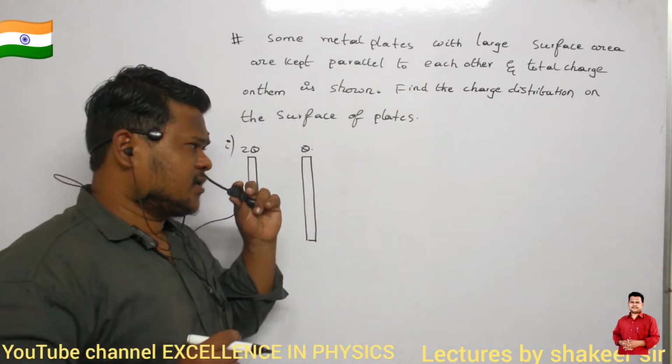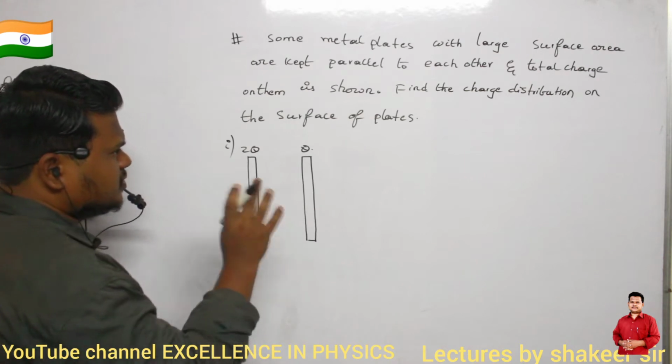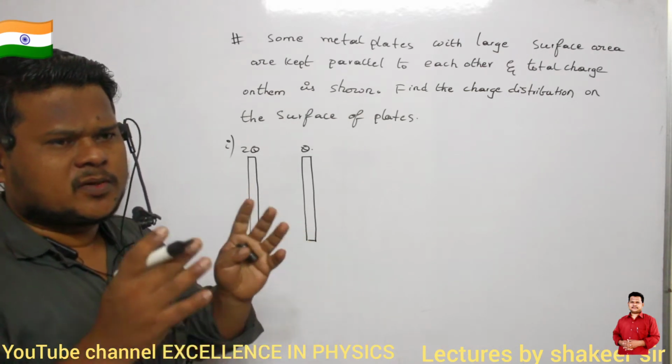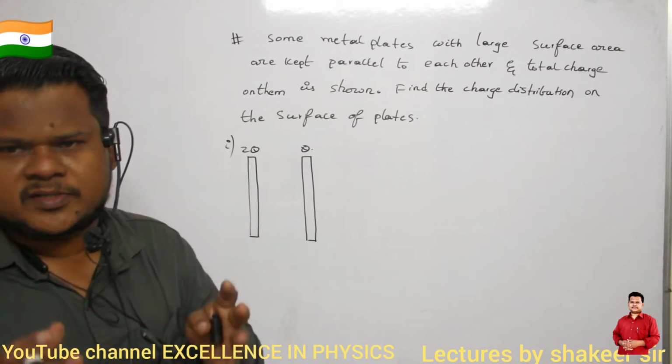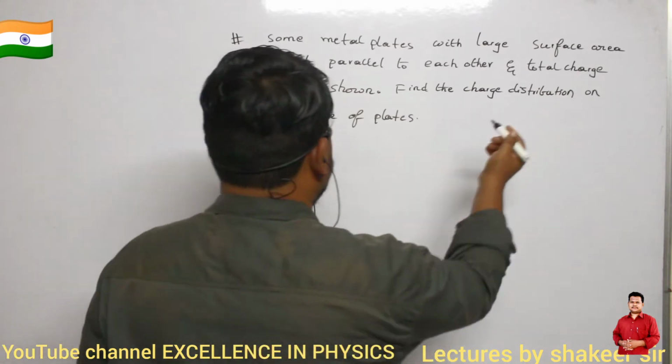Okay, so let us see how we can write. First of all, there are 2 rules which you must remember for solving this type of problem when the plates are separated by a small distance, regarding the distribution of charge. So write down the 2 conditions.